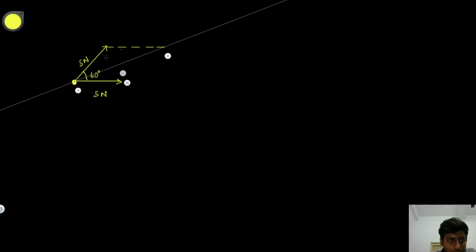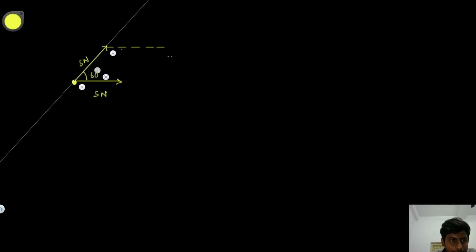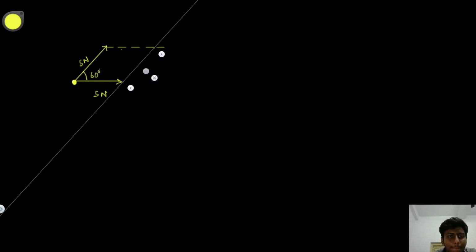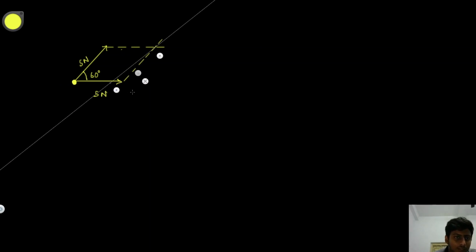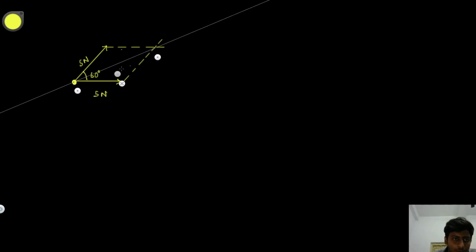Now see, I have formed the parallelogram. So the resultant vector would be this blue vector, right?